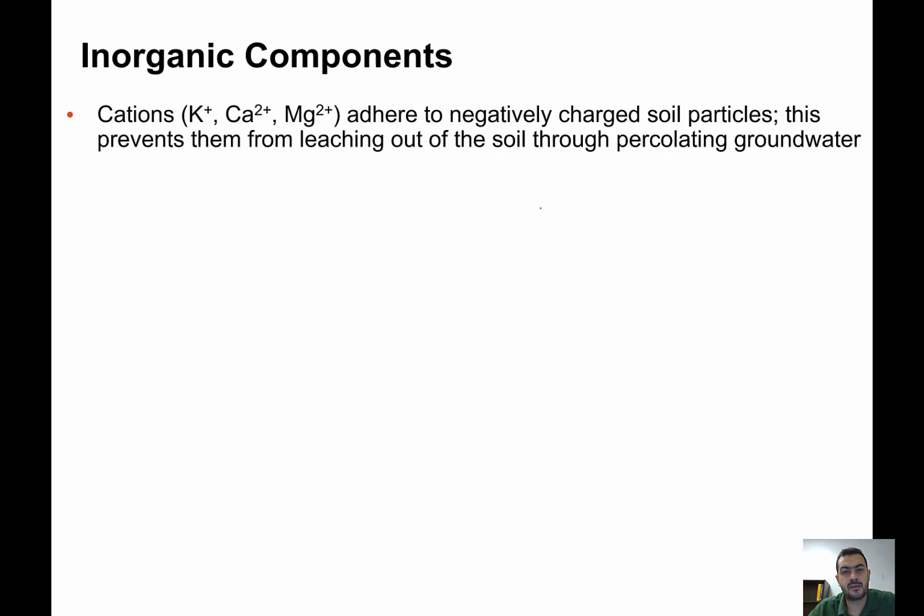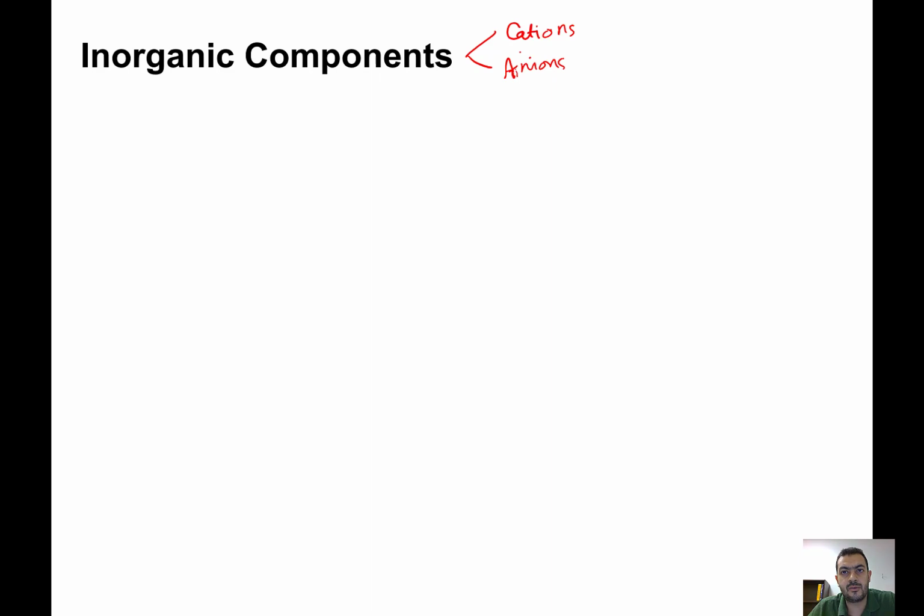In this slide you will see that we classify the inorganic components into cations and anions. As you know, the cations are the positively charged ions, the anions are the negatively charged ions, and the reason for this classification is that the steps by which the plant will get the cations from the soil are different from the uptake of anions.